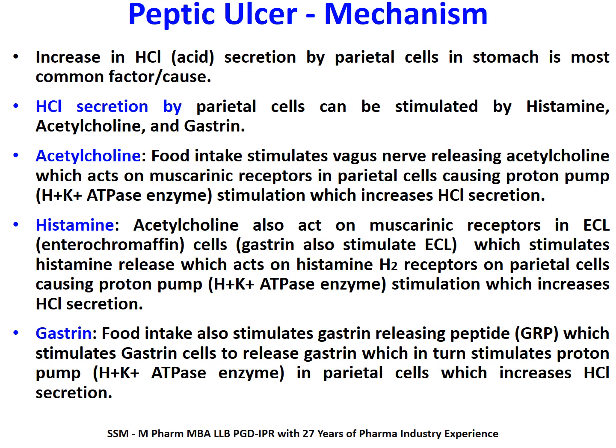So gastrin also acts on ECL or enterochromaffin cell, which will lead to secretion of histamine. So histamine will again act on parietal cell, and stimulate proton pump in parietal cells, and stimulation of proton pump will lead to secretion of acid.